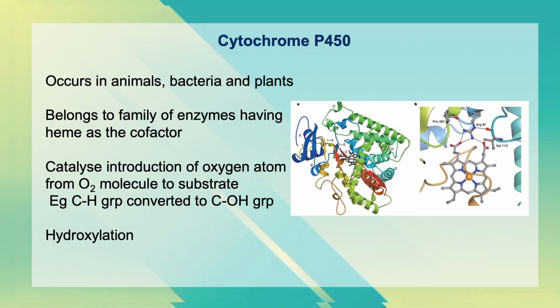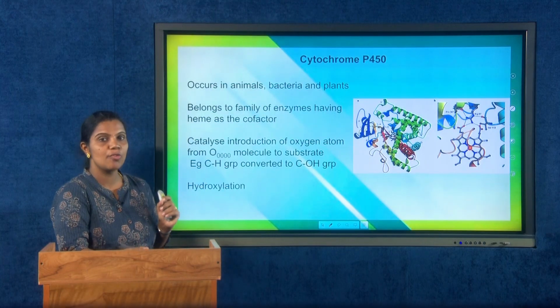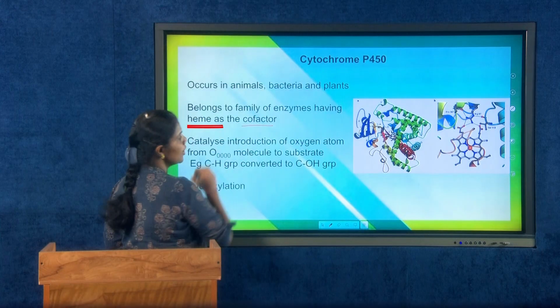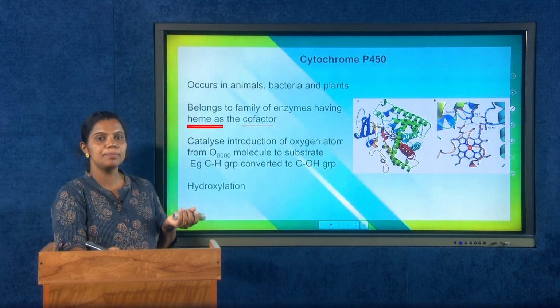Now, we are going to see the next cytochrome category, that is cytochrome P450. Cytochrome P450 is present in animals, bacteria and plants. It belongs to a family of enzymes having heme as the cofactor. So, what does it perform?